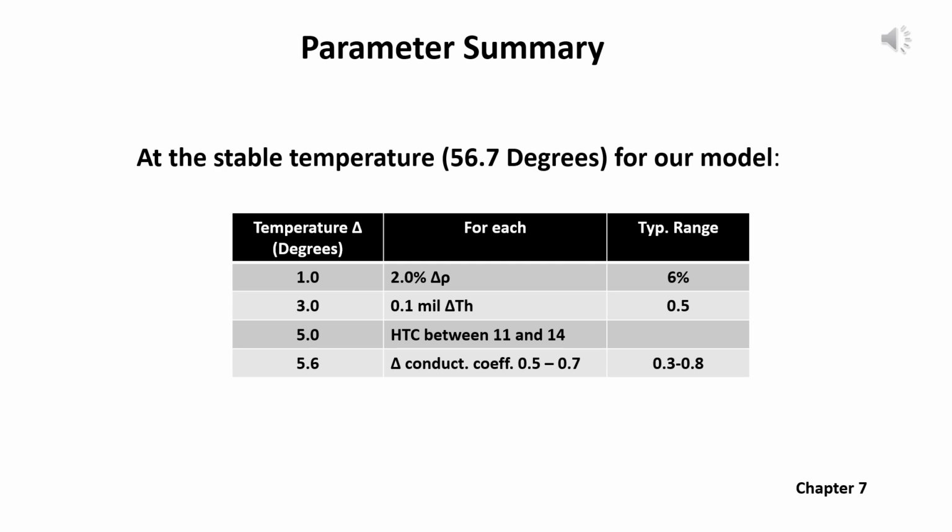The typical range has been about 0.3 to 0.8, and it's getting wider as new materials are developed. So we can see that the thermal conductivity coefficient is one of the largest determinants of trace temperature. Variations in trace thickness would be the second most significant factor.